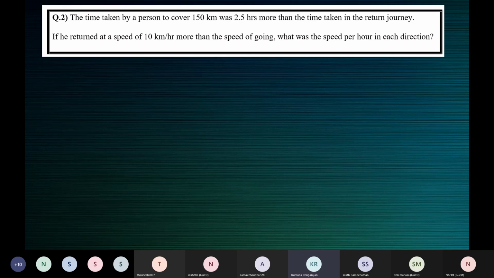Return journey, 2.5 hours less when compared to the onward journey. That means the speed is more there because the distance is the same, no? Distance is 150 kilometers. If onward is taking some time, return also should take the same time, that is if the speed is the same.